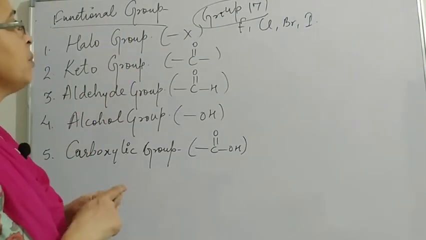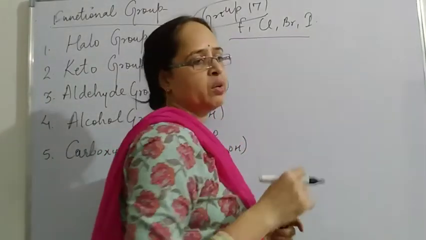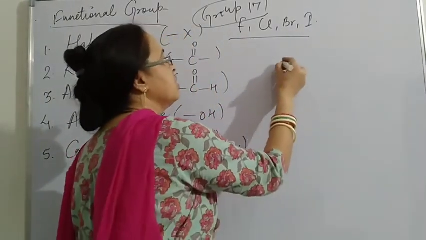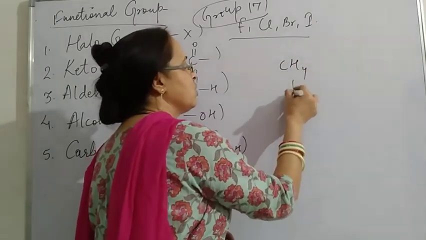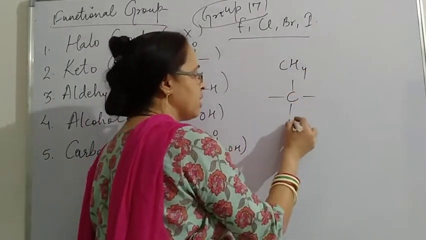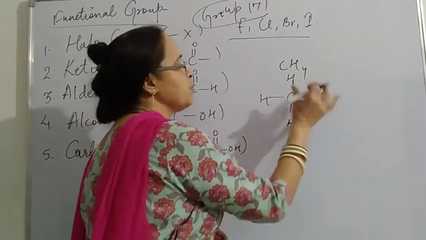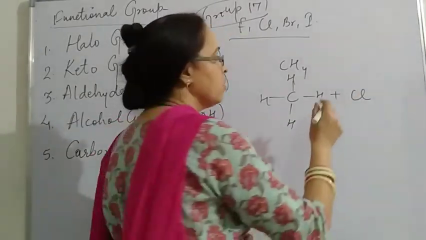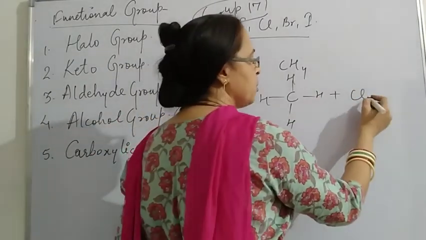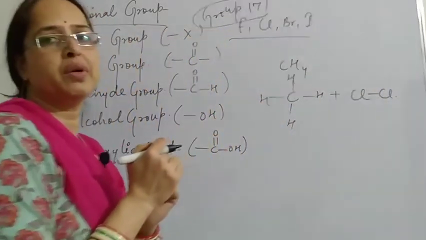Suppose we take a one carbon compound, methane, CH4, and we write down the structural formula of methane. Now when this methane reacts with one chlorine molecule, and this is a chlorine atom, when I talk about the molecule, it means 2 chlorine atoms covalently joined together.